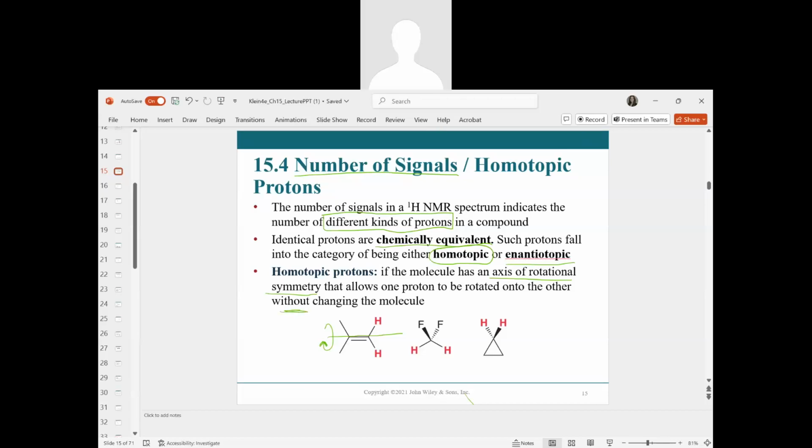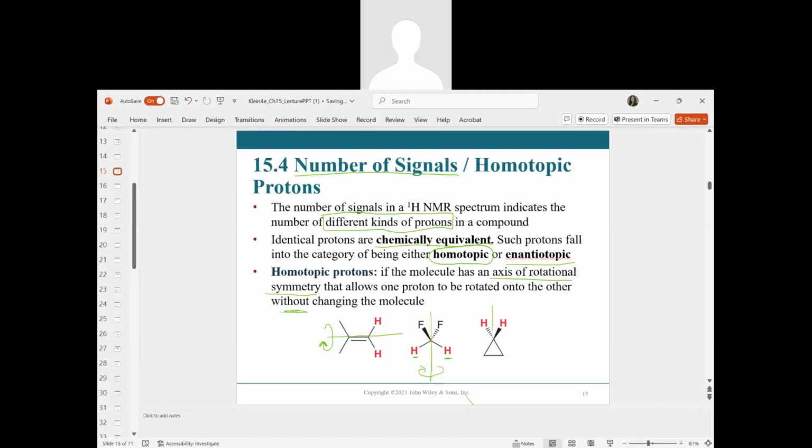Let's take a look at, say, an axis of symmetry this way here, and we rotate it in this direction. Again, close your eyes, rotate the molecule, open them, and everything looks the same. So these two protons here on this difluoromethane would be two homotopic protons.